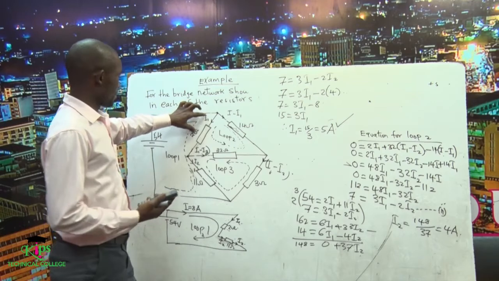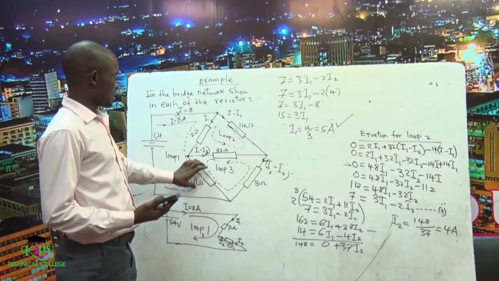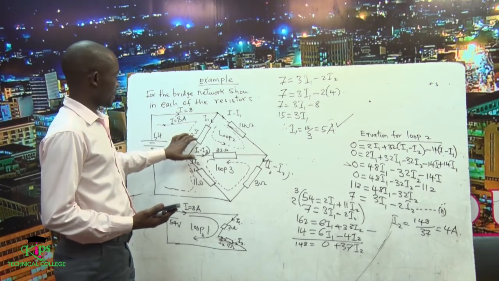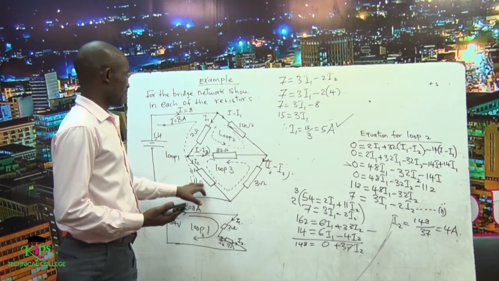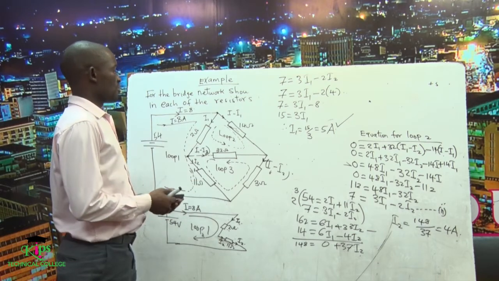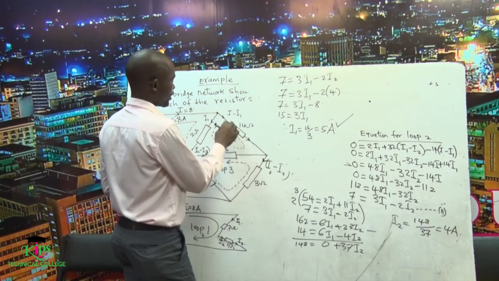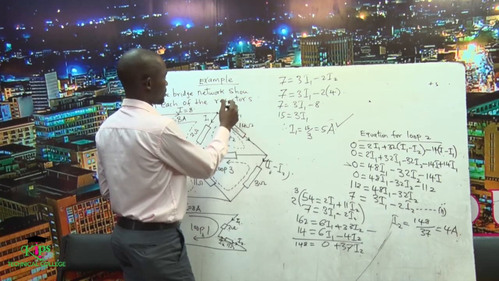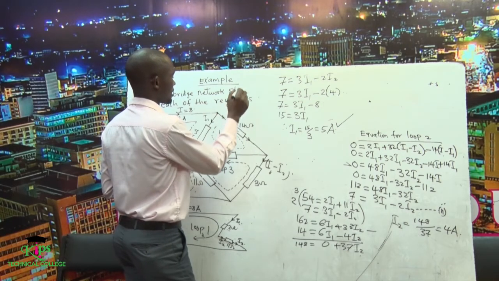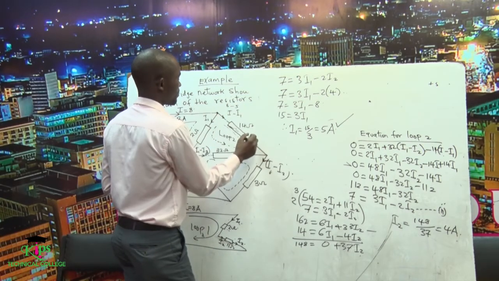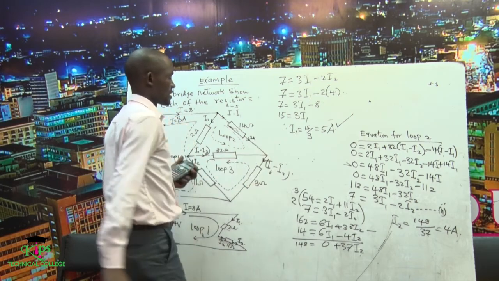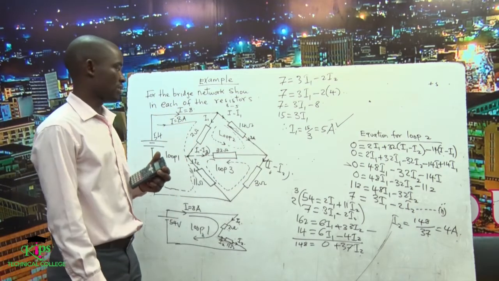Remember, we have now determined I1. We have also determined I2. We know the current passing here. We also know the current passing through this one. If you want to get the current passing through this point, it will be 8 minus I1, which is 5, meaning we will have 3 amperes passing through that branch.